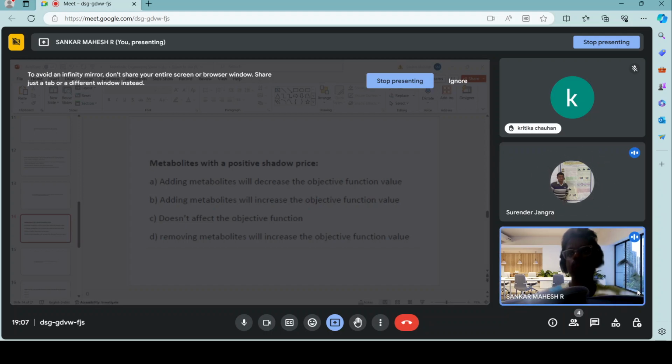Okay, so how to understand shadow prices? Like both of you mentioned, the definition is that it is the derivative of the objective function with respect to an exchange flux, and it is given a negative sign. How you can understand this is, there is a metabolite that is being exchanged.